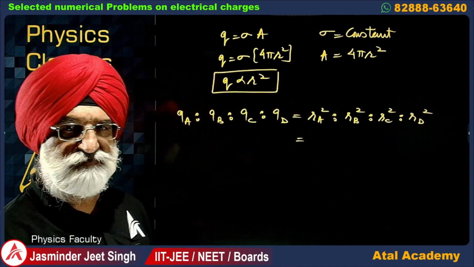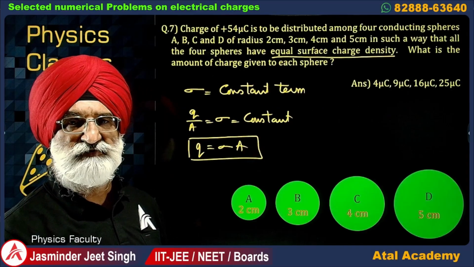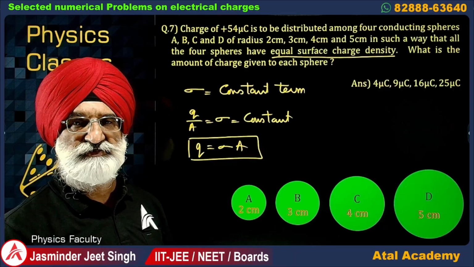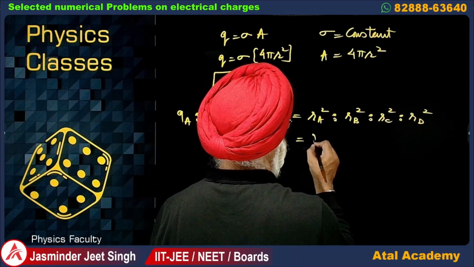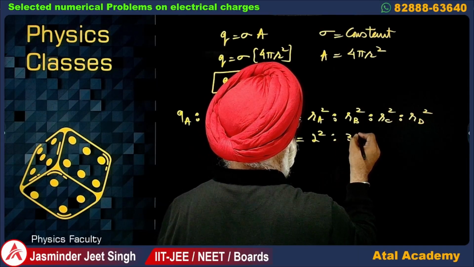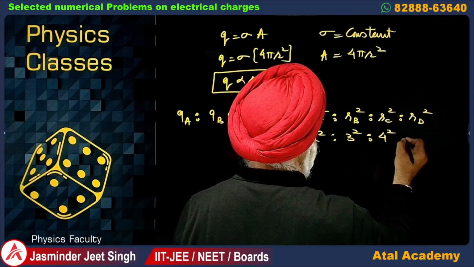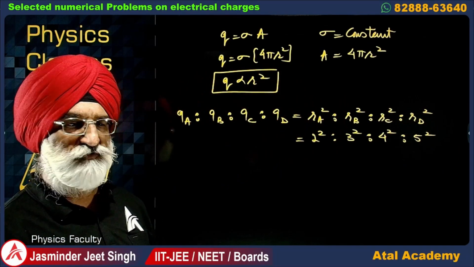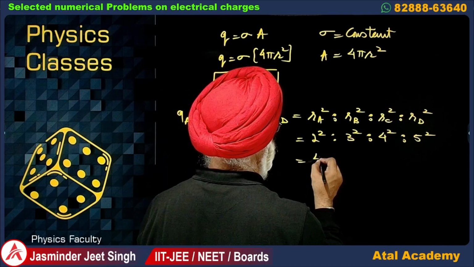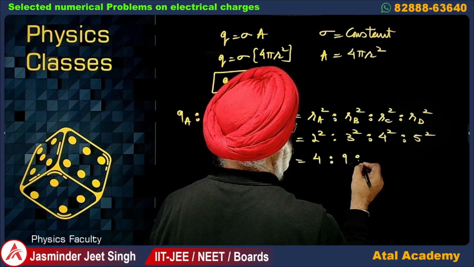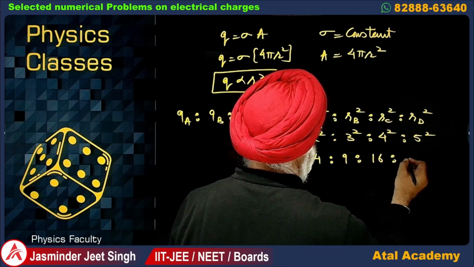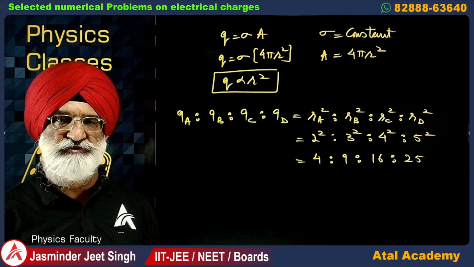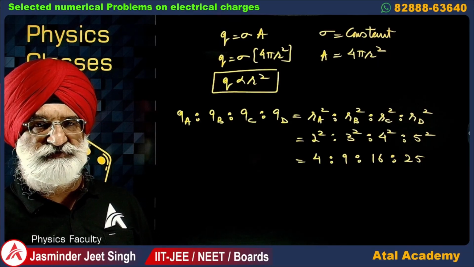And the radius of the 4 spheres which are given to us, it will be 2 centimeters, 3 centimeters, 4 centimeters and 5 centimeters. So here we can put 2 square, 3 square, 4 square and 5 square. This will be the ratio of the 4 charges. It will be 4:9:16:25. This is the ratio of the 4 charges which will be given to the 4 spheres.